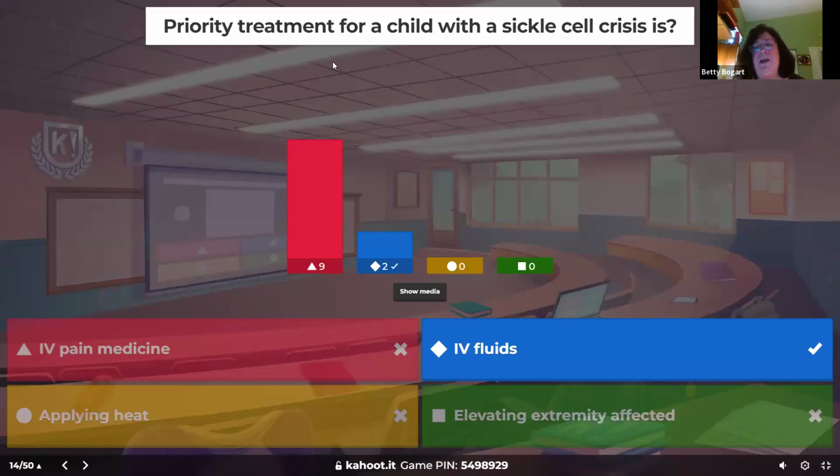So you're going to treat what you see, not the cause. The cause is the vessels are small, the sickle cells can't get through. IV fluid is priority. Dilate those vessels. So now the cells can go through and then the pain will go down. Now, I'm not saying you don't have heat in one hand and the pain medicine next, but priority, fluids. Make sense now?